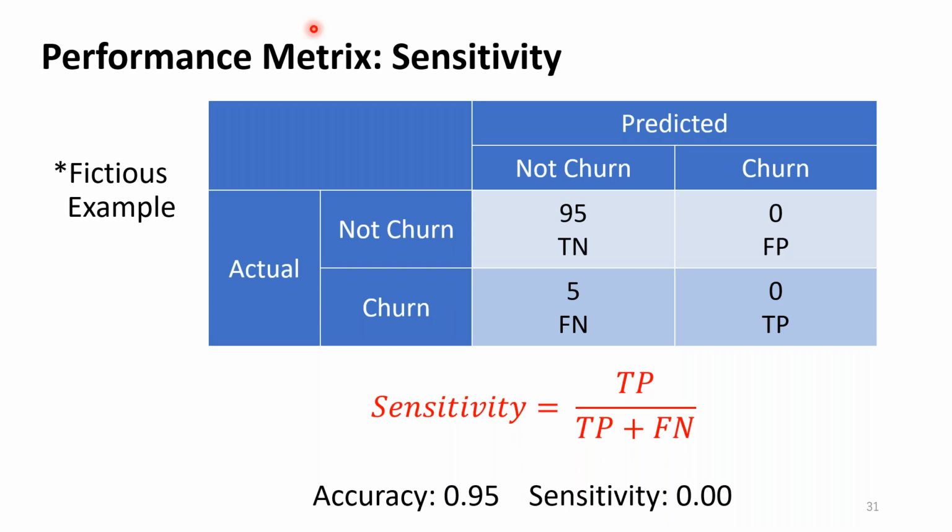Sensitivity is the ratio of correctly predicted positive observations to the total number of actually positive observations. It can be calculated by dividing the number of true positives by the sum of true positives and false negatives. In the context of customer churn prediction, sensitivity means the degree to which the model correctly predicts the actual churners as churners.